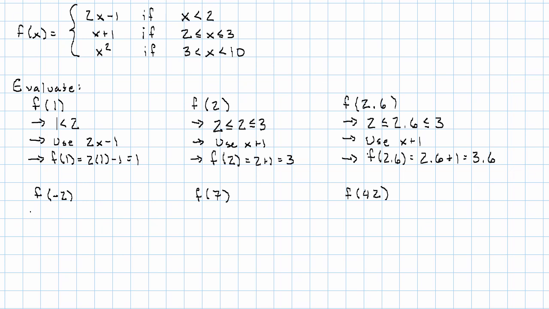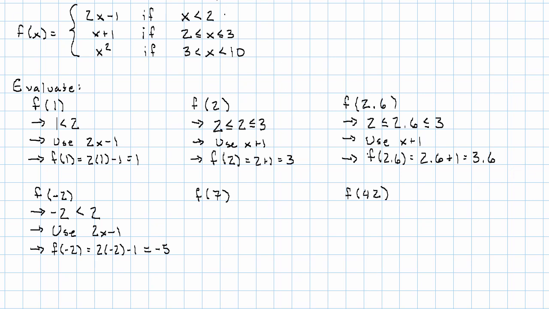Well, negative 2 is less than 2. That's fine. Notice this function is defined for negative numbers just fine, because all the negative numbers are less than 2. So we'll use that 2x minus 1 formula again. F of negative 2 is 2 times negative 2 minus 1. We can use a calculator for this if we'd like. We get negative 5.